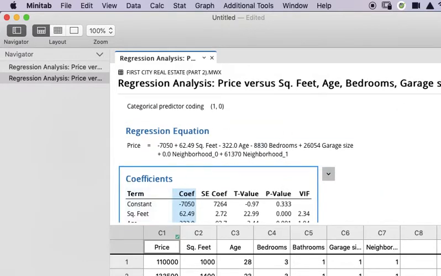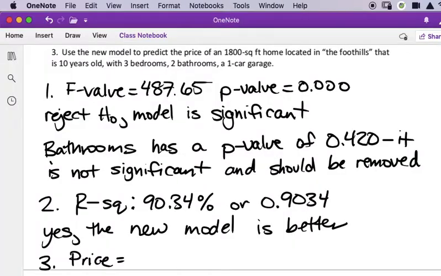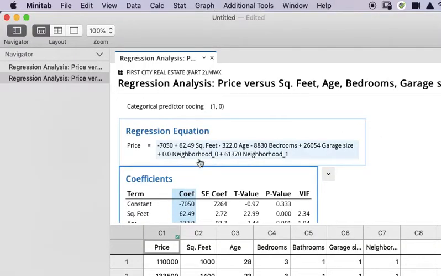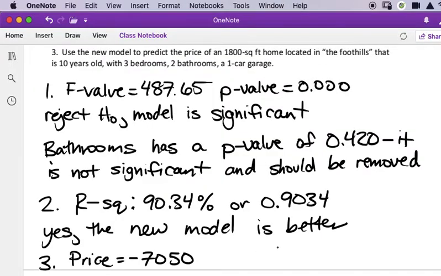So we have negative 7,050. That's my constant, plus 6249 times number of square feet. So that's telling me 6249 per square foot is added to the price of the home.